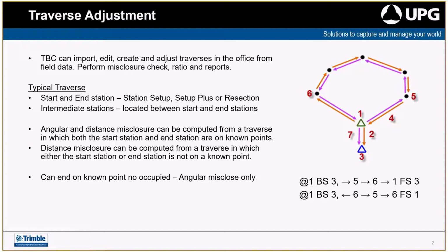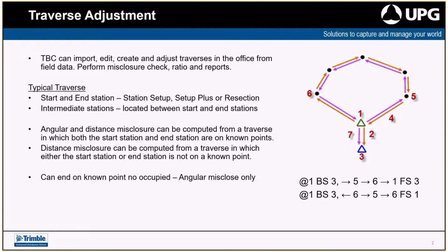So in the example on the right hand side, we would set up at station 1, backsight station 3, then traverse through 5, going anti-clockwise to 6, connecting back to 1. That will give us our positional misclose, but obviously we want angular, so we then reset back on 1, sight to 6, and then sight to 3 as a foresight, and then turn that final angle.